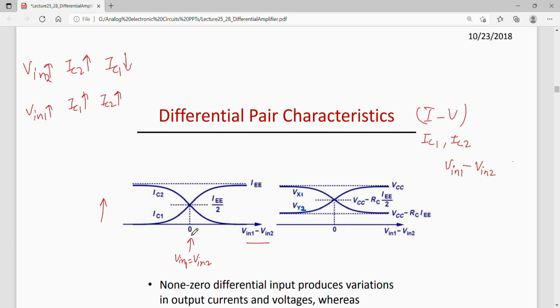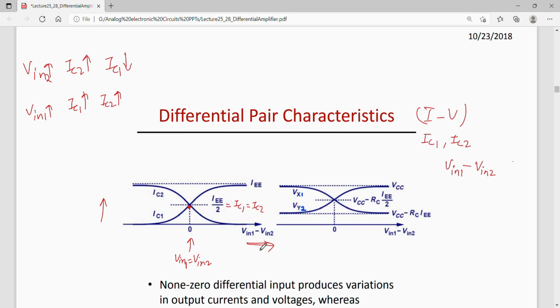That is, both the transistors are being fed with the same input, the magnitude is the same. So the currents through the two transistors will also be the same, and the currents IC1 and IC2 are equal to IEE by 2 at this point. Then V in 1 minus V in 2 is increasing, so that means V in 1 is increasing.